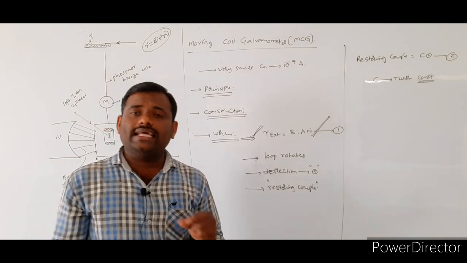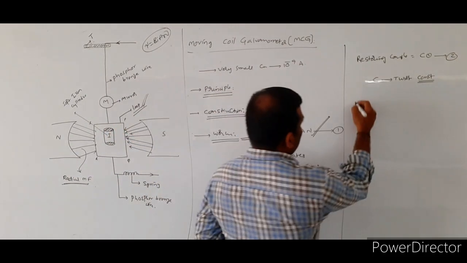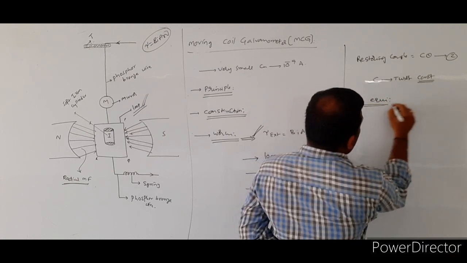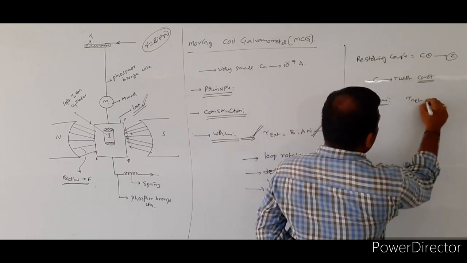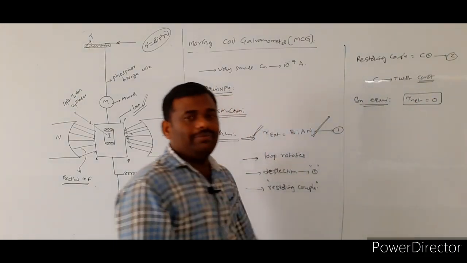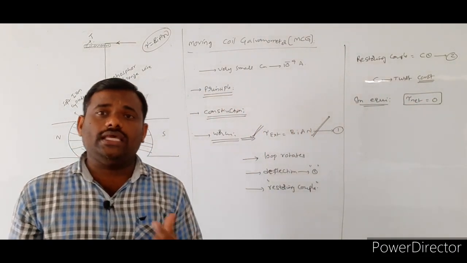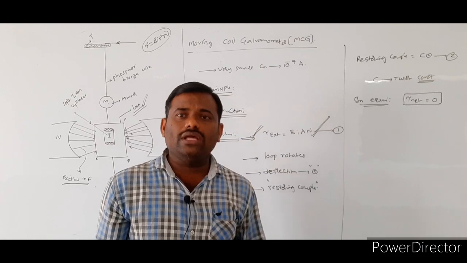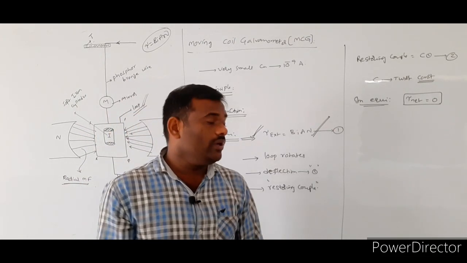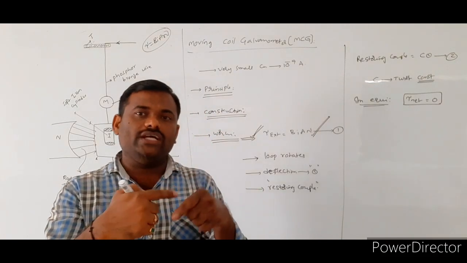Now, in the case of the equilibrium condition, what is the meaning of equilibrium condition? Net torque is equal to 0. In the equilibrium condition, net torque is equal to 0. If any body is said to be in linear equilibrium, net force is equal to 0. Here, the loop will be rotating, so which concept do we consider?